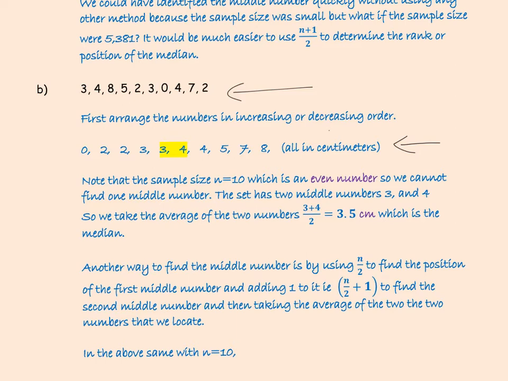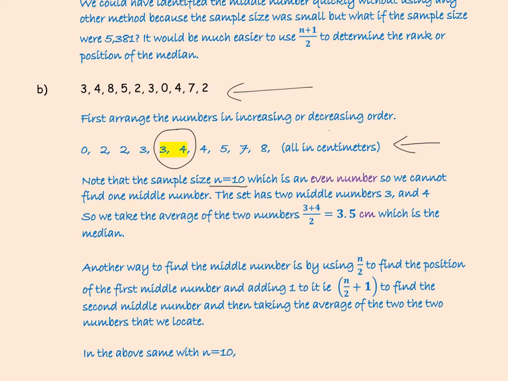Now notice that the sample size or the number of numbers we have here is 10. 10 is an even number. If it's an even number, we cannot find one middle number. The set with an even number of numbers would have to have 2 middle numbers. So these two clearly are the 2 middle numbers.